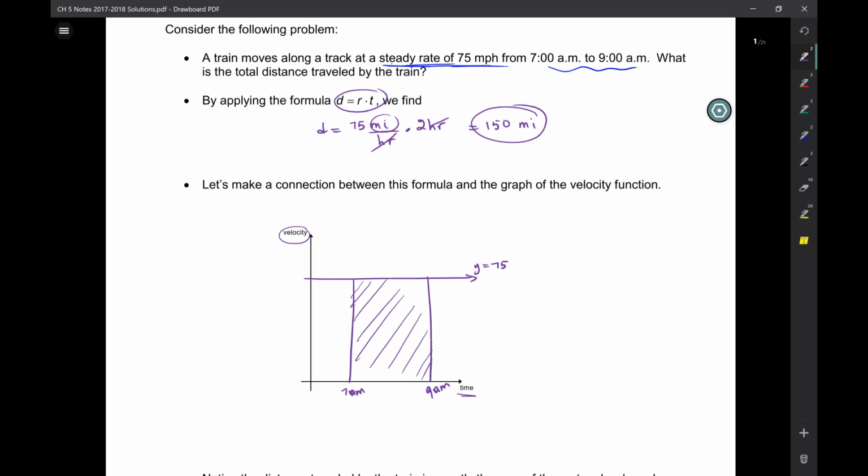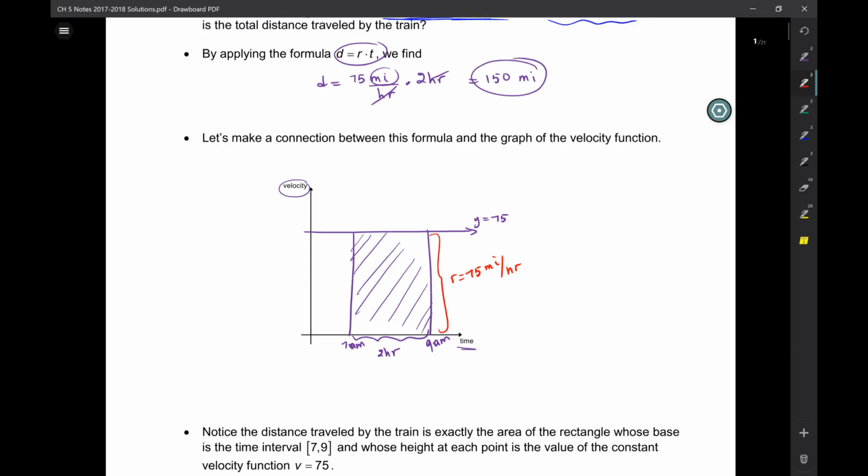So let's talk about distance then. How did we find distance? Distance was rate times time, correct? How much time did it take for this to happen? 2 hours. What is the rate? 75 miles an hour. What shape is that shaded region? It's a rectangle.